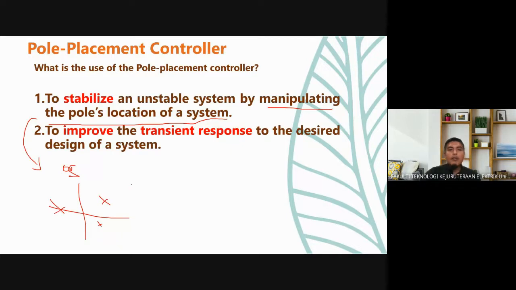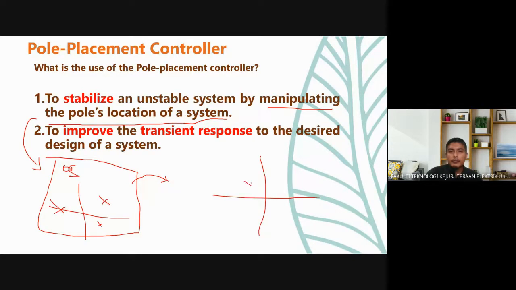When you apply the pole placement, it will modify the original system's pole location to become maybe something like this. So you can see that this is the system with pole placement, and this is the system without pole placement. This is how pole placement is used to stabilize an unstable system.